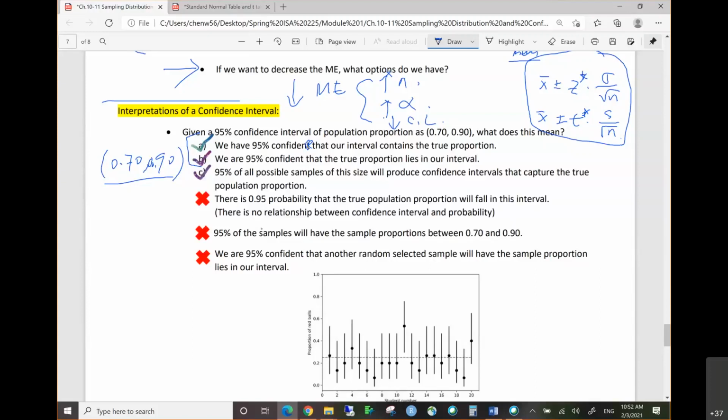Another one is actually an interpretation not for the specific confidence interval, but for the confidence level, 95%. What does this 95% mean? We normally say this 95% is our level of confidence, but what does it mean inside?